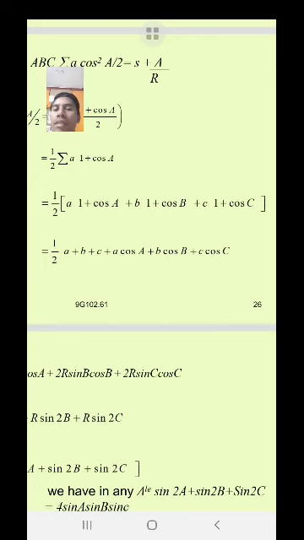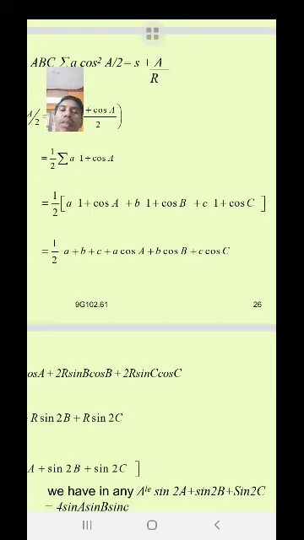The given term, which is the short form, should be considered as one term, and we can express the other two terms from it. So it is easy: a into (1 plus cos A), plus after a, b comes, so b into (1 plus cos B), and after b we write c, so c into (1 plus cos C).